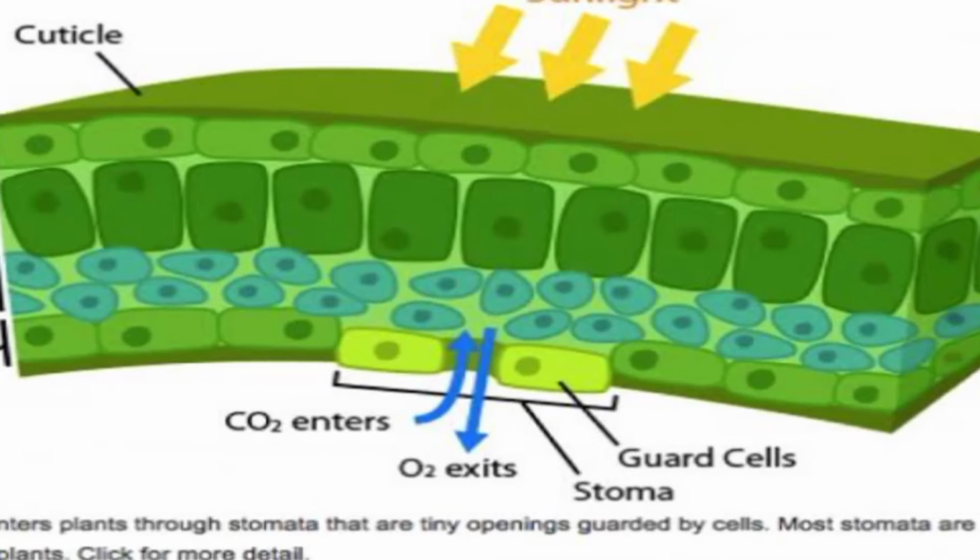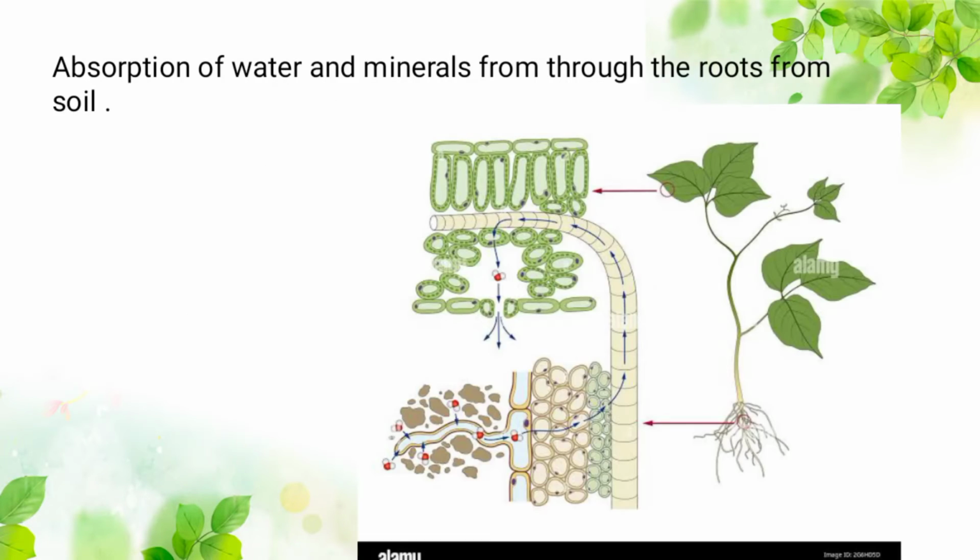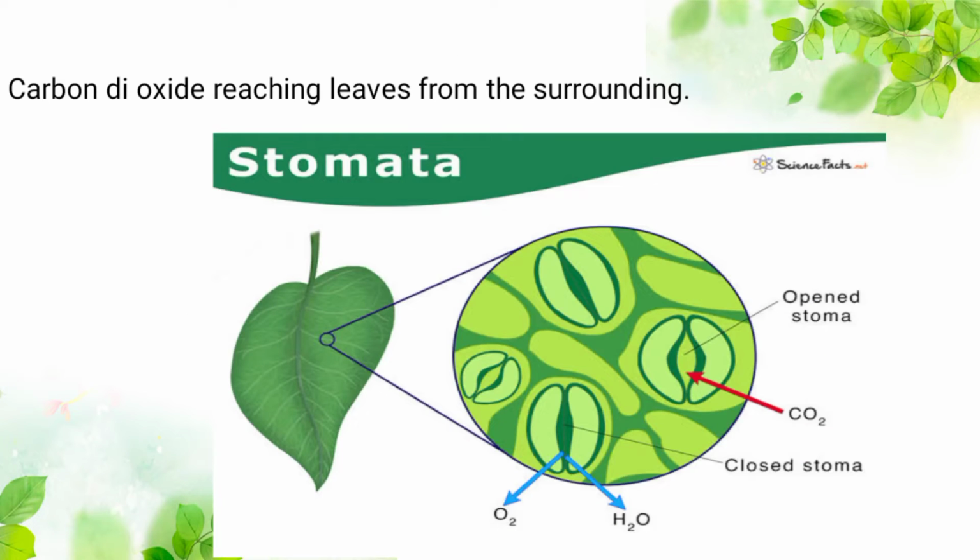You can see here the guard cells and the stoma. These are present in the leaves and help carbon dioxide enter inside the leaves. If the stomata is closed, the carbon dioxide doesn't enter. If the stomata is open, the carbon dioxide enters the leaf.